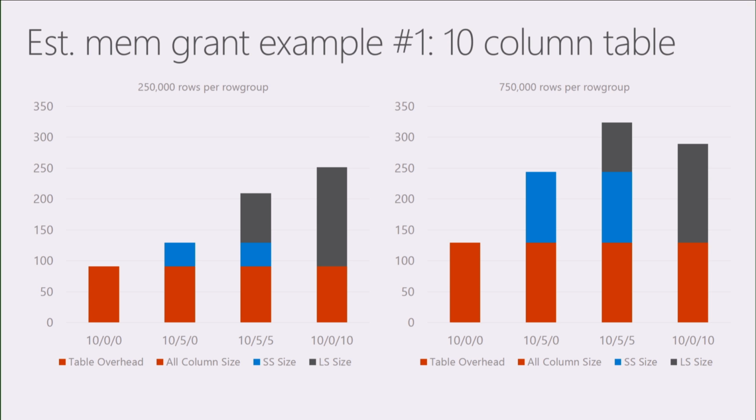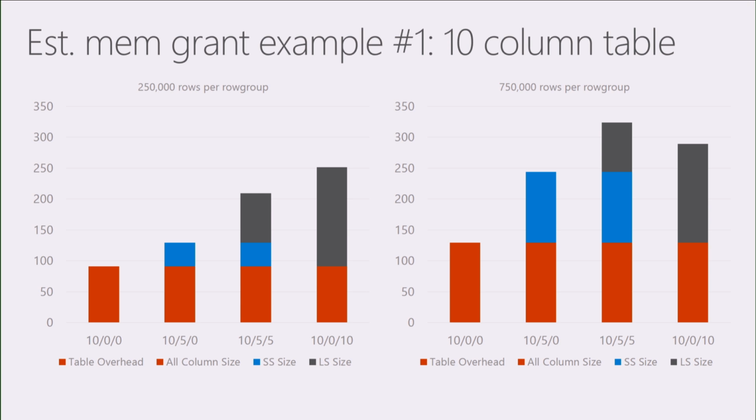Now, in order to get to 250,000 rows in a row group, if we think about our table and the characteristics of the types that we just discussed, we have here a 10-column table. And this is all of the columns. So if this is 10 columns with no short strings and no long strings, we need under 100 megabytes per distribution, i.e. the default resource class, absolutely fine.